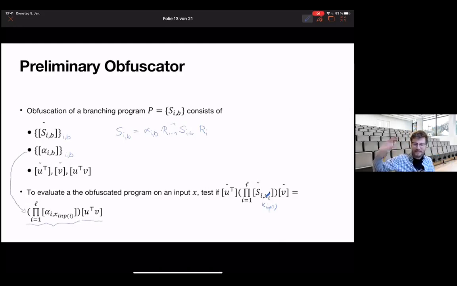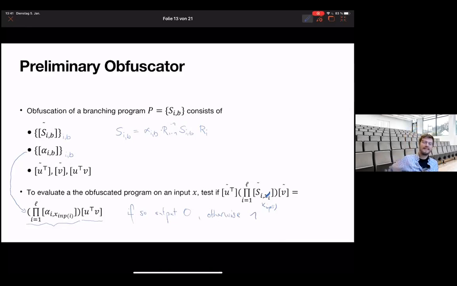If this check passes, we are sure that the output of our branching program is 0, I mean, the identity matrix encodes 0. Otherwise, 1.